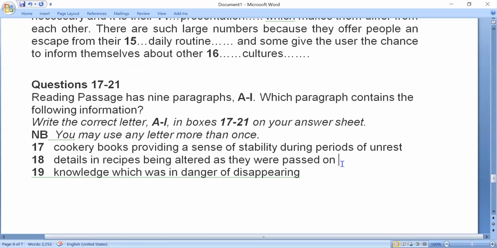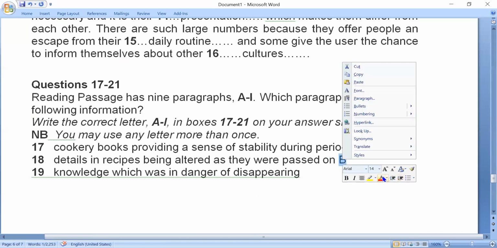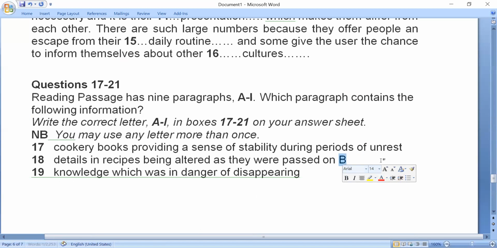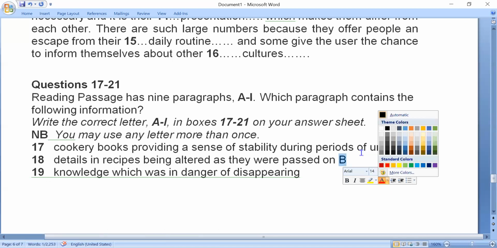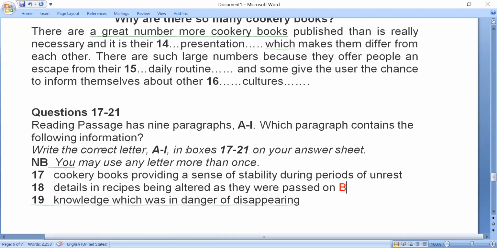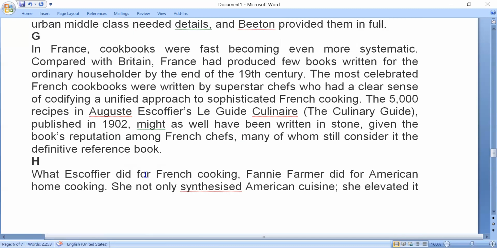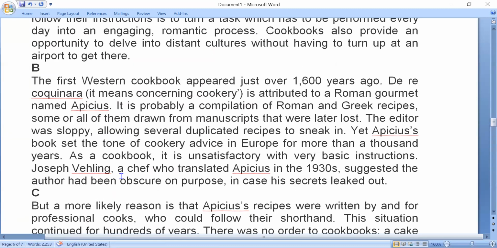I think we can write down B here, but we are not sure. Let's try to mark it in a different color. Let's mark it in red color. I think that will be better because we are not sure about it. Okay, let's go for the next one.